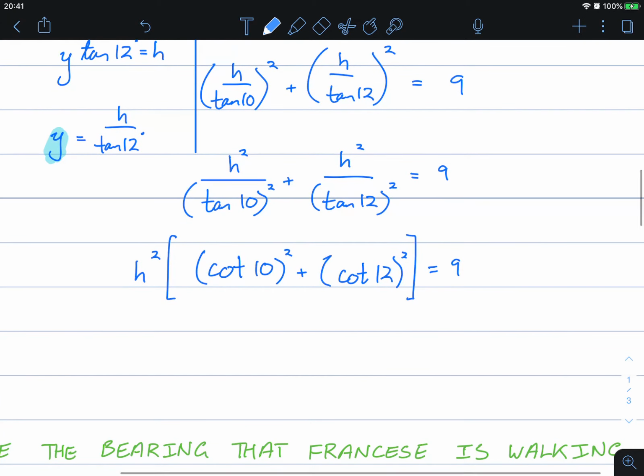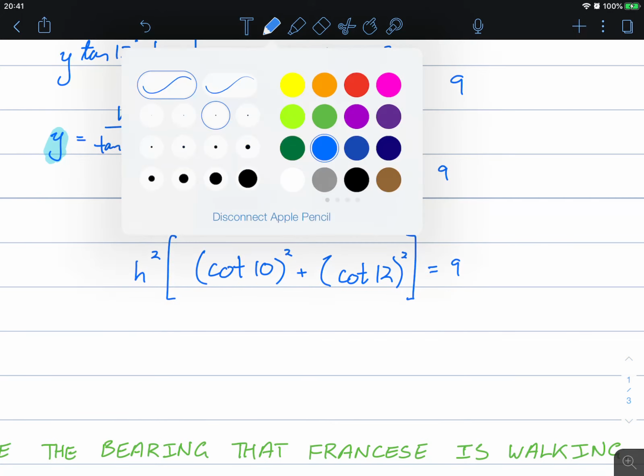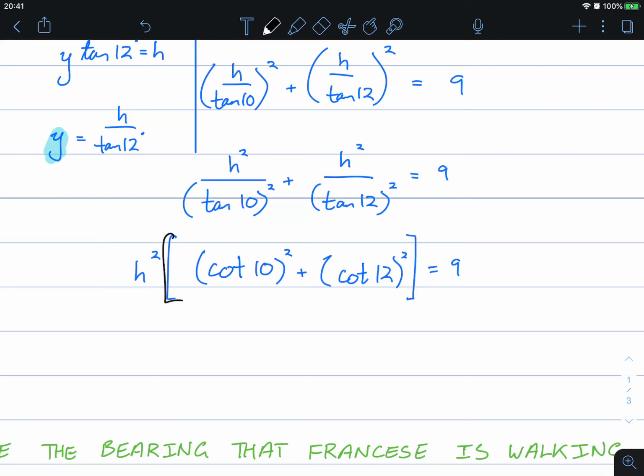And from here we're going to be dividing by this expression in the square brackets. So we're dividing everything by cot 10 squared plus cot 12 squared. This will give us the expression.